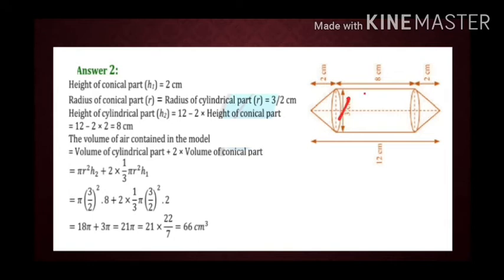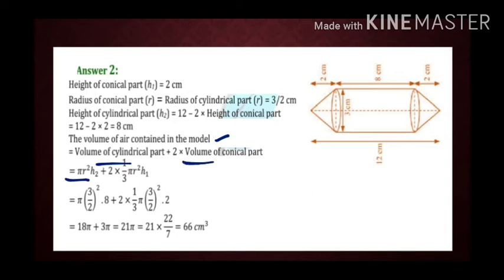One is the volume of the cylinder. Next is the volume of this right hand side cone, and next the volume of this cone. Or you can write volume of cylinder plus 2 into volume of cone, because these two cones are of the same dimension. So, the volume of air contained in the model is the volume of the cylindrical part plus 2 into the volume of the conical part.